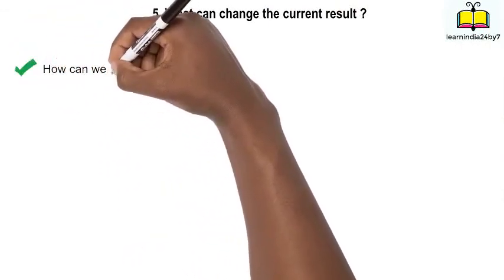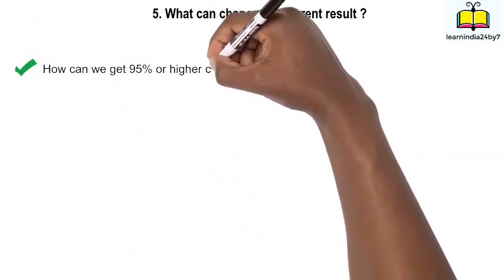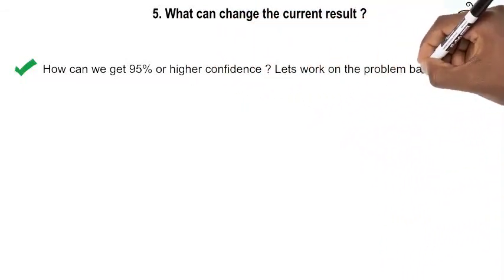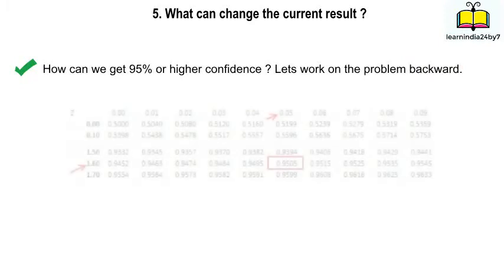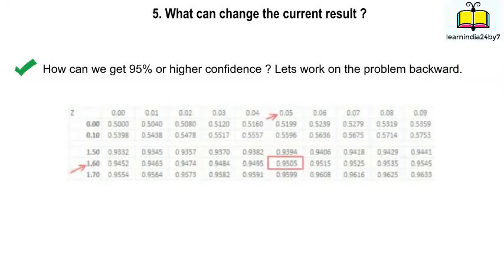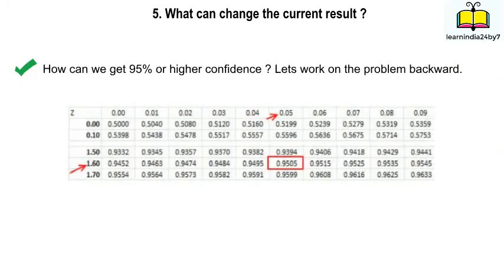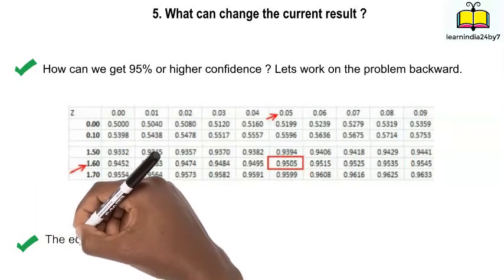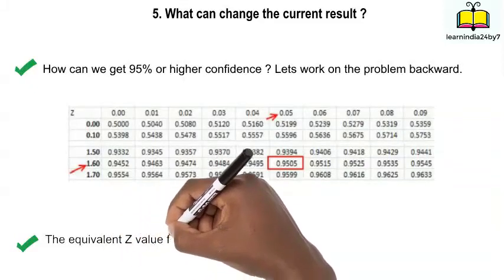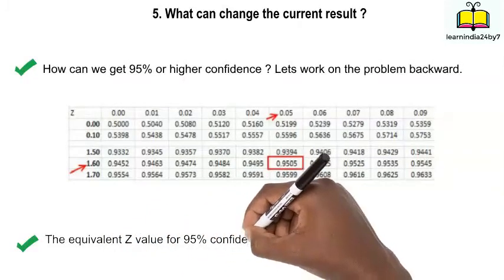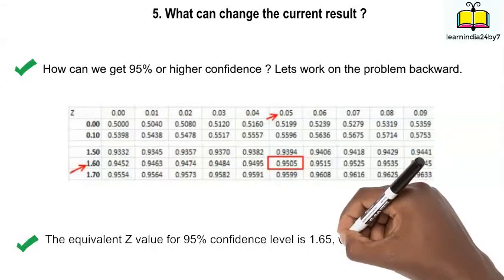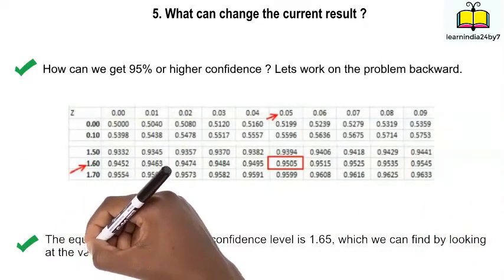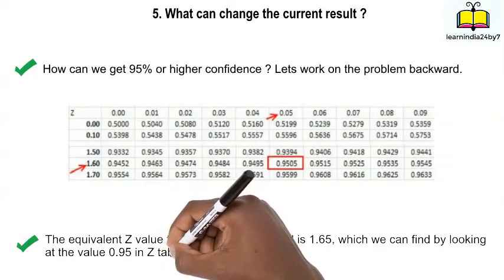So friends, let's now discuss what can change the current result. How can we get 95% or higher confidence? Let's work on the problem backward. The equivalent Z value for the 95% confidence level is 1.65, which we can find by looking at the value 0.95 in the Z table.